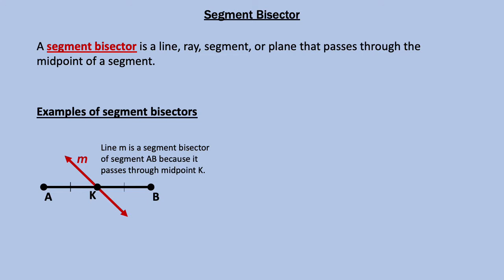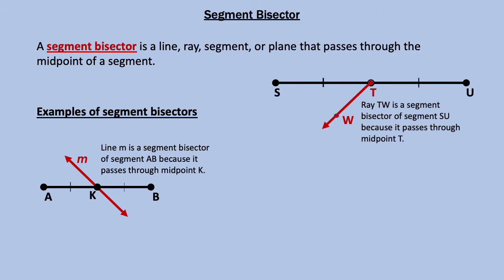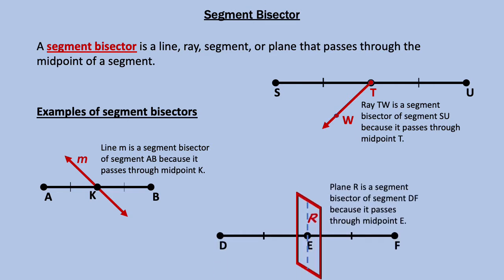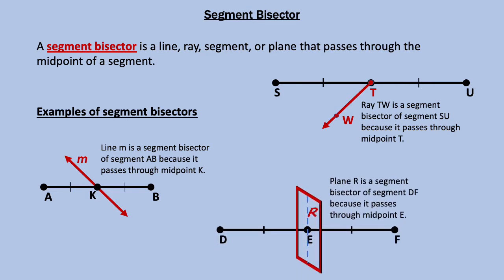In this example, line M is a segment bisector of segment AB because it passes through midpoint K. Here we have ray TW, which is a segment bisector of segment SU because it passes through midpoint T. And finally, plane R is a segment bisector of segment DF because it passes through midpoint E.